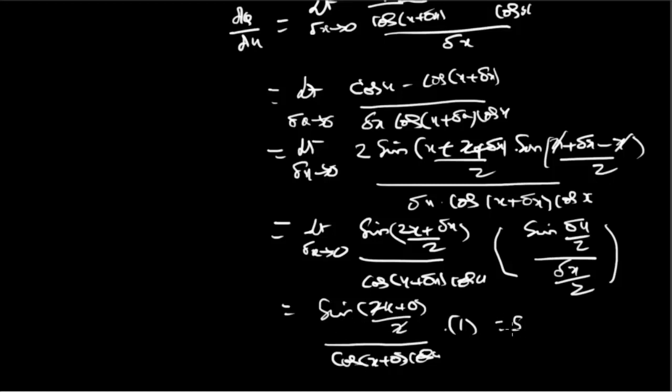Secant x. Into another sin x by cos x is what? Tan x. Therefore, if y is equal to secant x, dy by dx is equal to secant x into tan x.